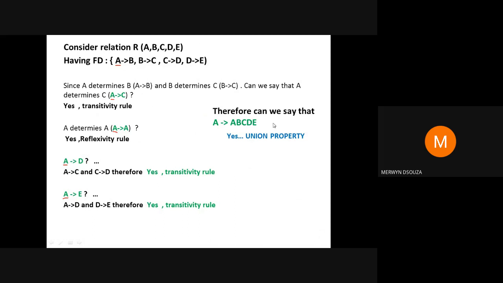Continuing, we have proven that the attribute A determines all the other attributes in the given relation R: A, B, C, D, and E. Similarly, you can find that B determines B, C, D, E; C determines C, D, E; D determines D, E; and E determines E. You can try to prove this using the inference rules.